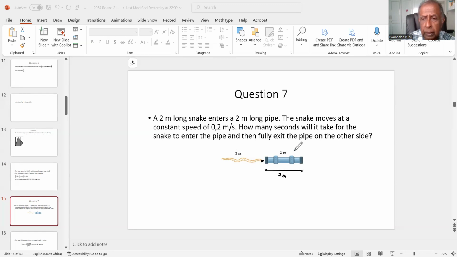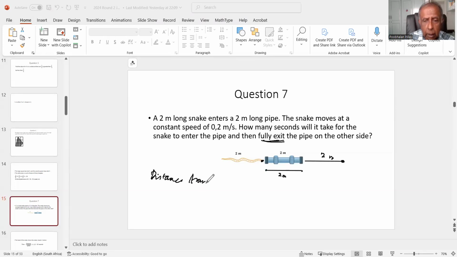And for it to be fully exit, they say it's fully exit the pipe on the other side, then it has to travel another 2 meters to get completely out. So it has to come out like that, and there's the head. Yeah. So it actually travels 4 meters. Right. So distance traveled is 4 meters.